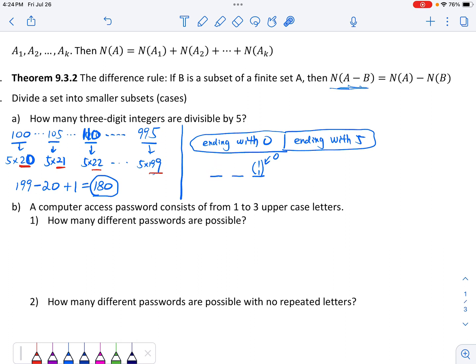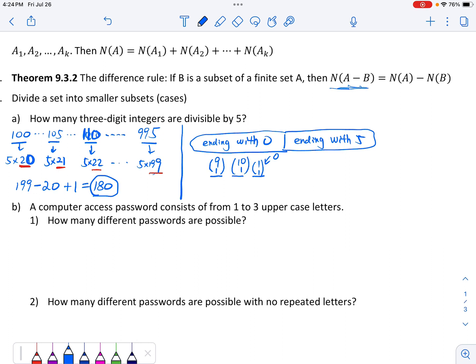Now, the first digit, because this is a 3-digit integer, cannot be 0, but it can be any number from 1 to 9. How many ways to fill in the hundreds digit? Just pick any one from 1 to 9, so you have 9 digits to choose from. The second digit, the tens digit, any number from 0 to 9 can be filled in here, so it's 10 choose 1.